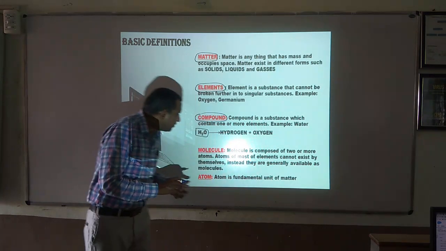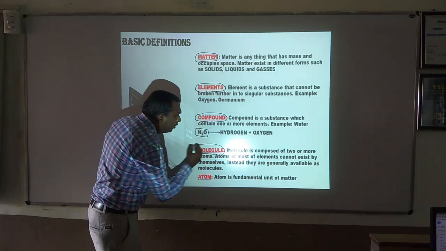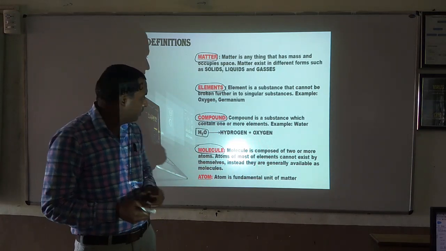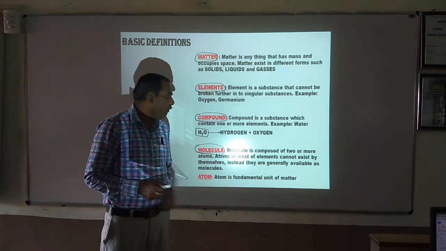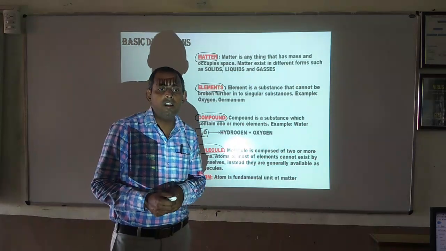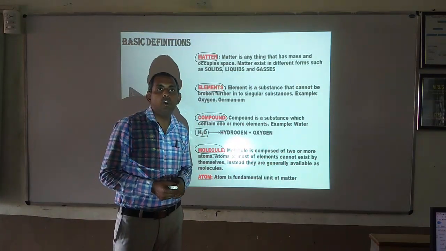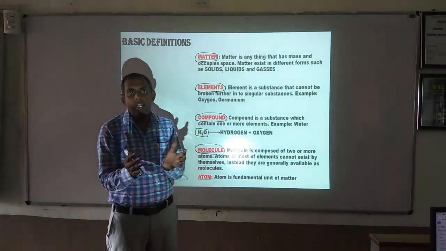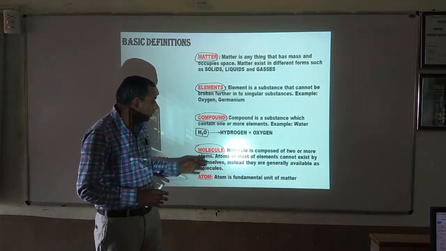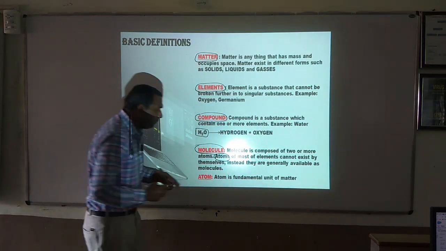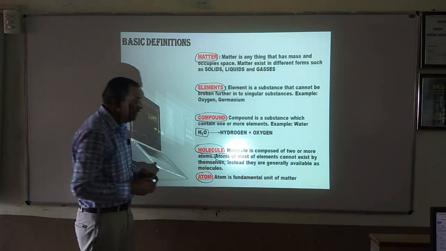Next is molecule. A molecule is composed of two or more atoms. Atoms of most of the elements cannot exist by themselves; instead, they are generally available in molecules. So a molecule contains two or more atoms. First of all, we need to understand what an atom is.